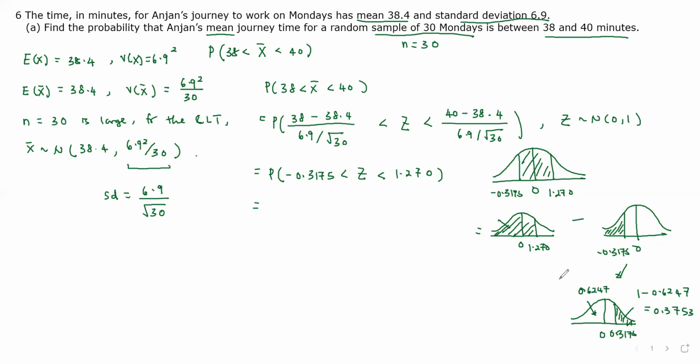This part from the standard normal table is 0.8980. Then we have 0.8980 minus this unwanted part, 0.3753, which gives us a value of 0.523.